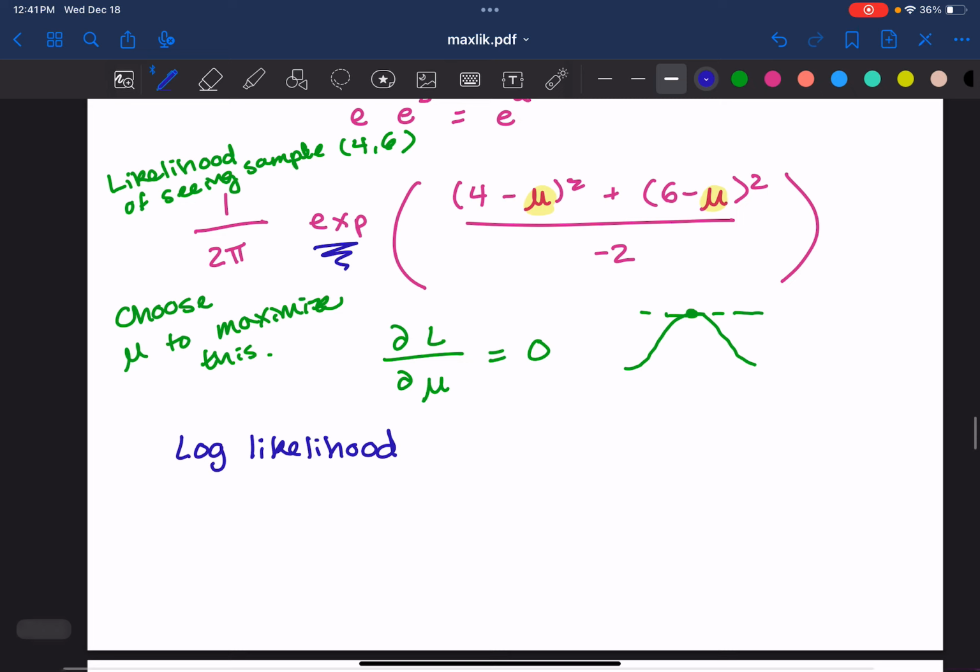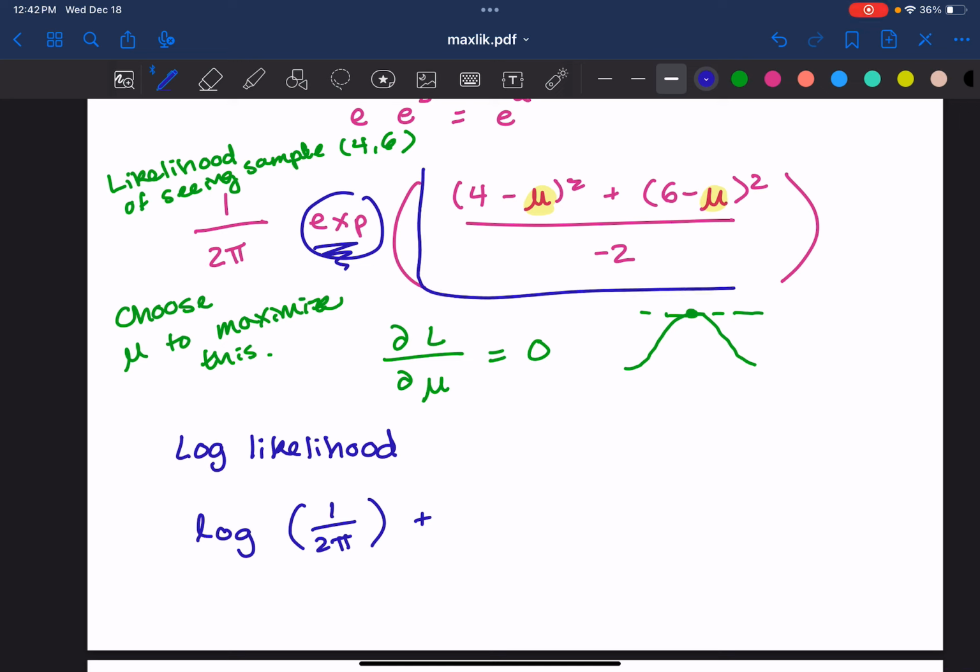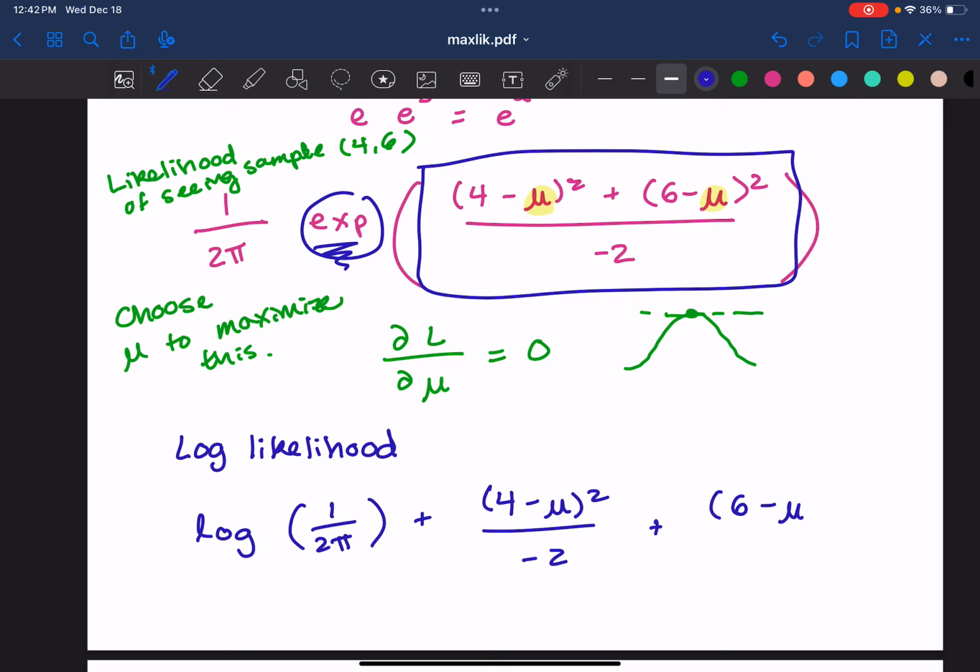So what is the log likelihood? It is log of 1 over 2 pi plus the log of the exponential function of this, which just simplifies to being this thing. So I'll write 4 minus mu squared over negative 2 plus 6 minus mu squared over negative 2.